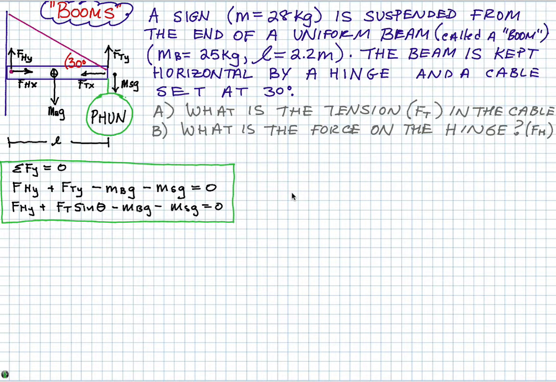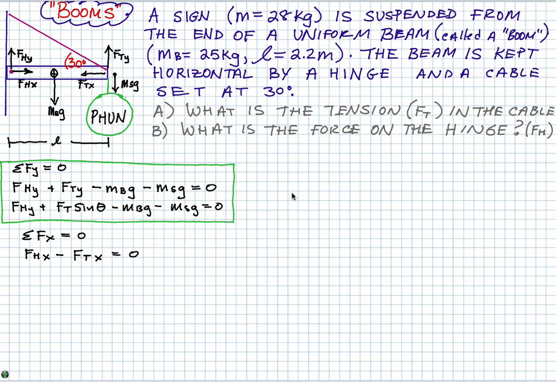Now we're going to analyze the forces in the x direction. So the sum of the forces in the x direction is also equal to 0, and we will have Fhx minus Ft in the x direction equal to 0.